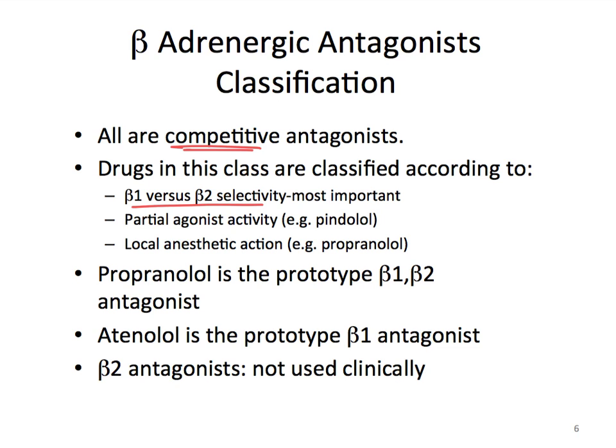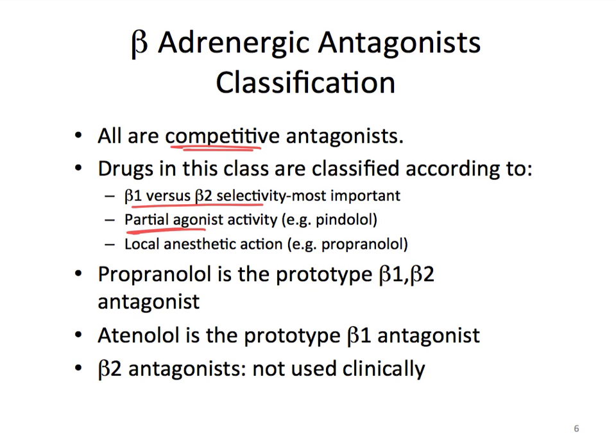That's perhaps the most important thing for you to keep in mind. It could be a beta-1 antagonist or a beta-2 antagonist, and then there are other smaller features, such as the possibility of partial agonist activity, meaning that at some concentration this drug will also act as an agonist as well as an antagonist.